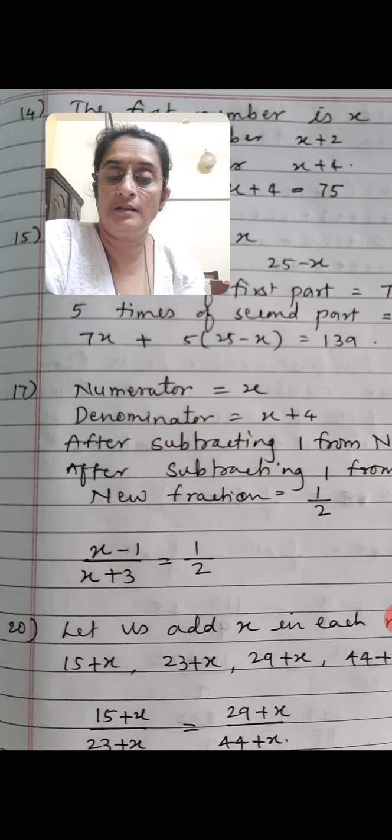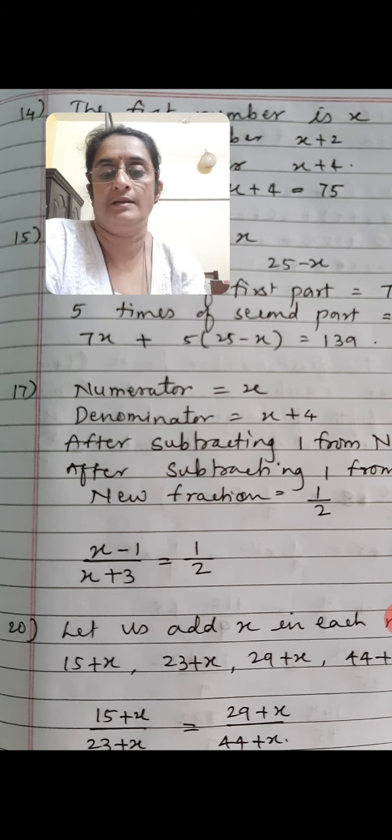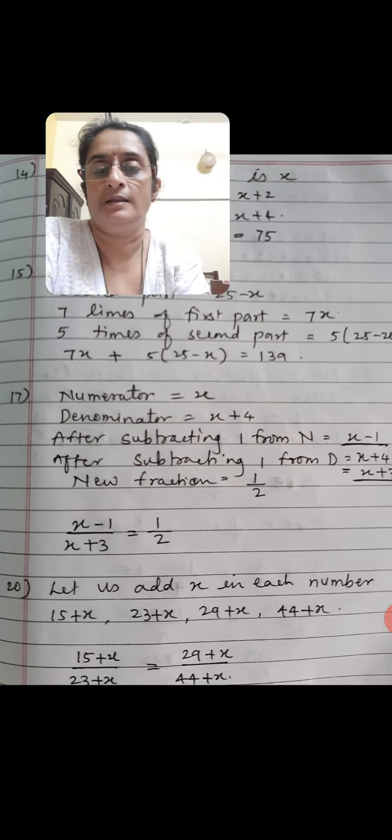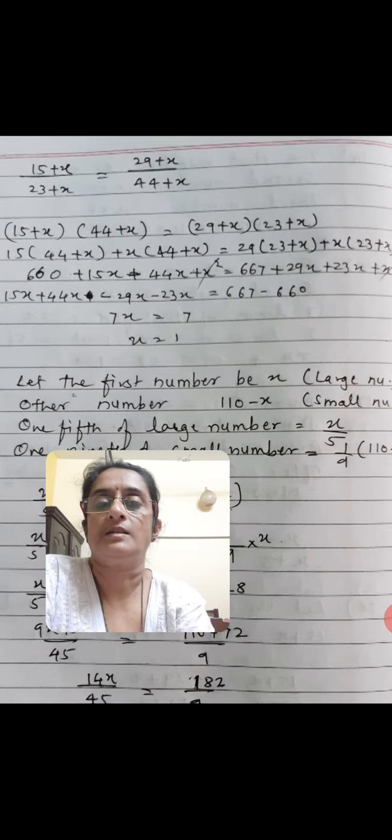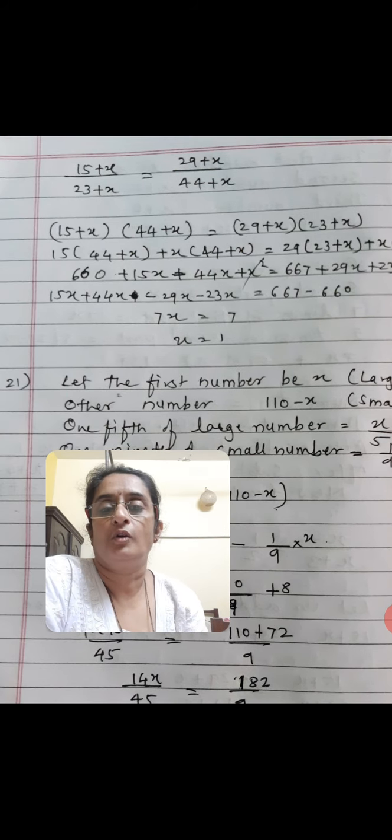We have learned how to write it in proportion in 7th standard. Now we'll solve this. This is the equation we got. We have to cross multiply 15 plus x into 44 plus x and 29 plus x into 23 plus x.